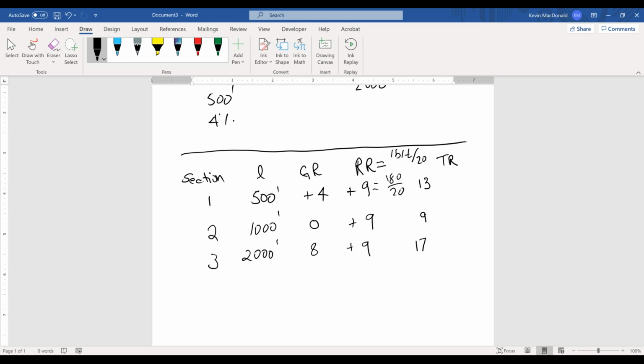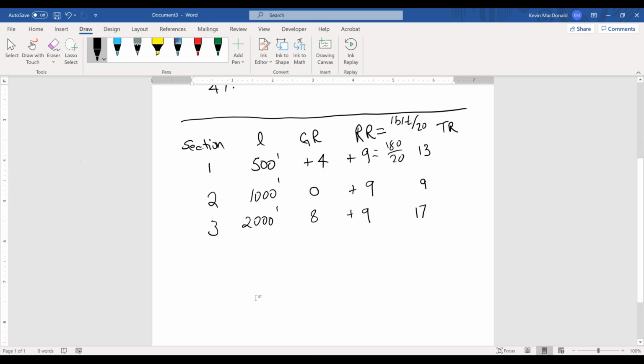Once we have that, we would want to go back to our curve, where we would look up our performance. Keeping in mind that we're loaded when we're going up, we need to go to our performance curve.